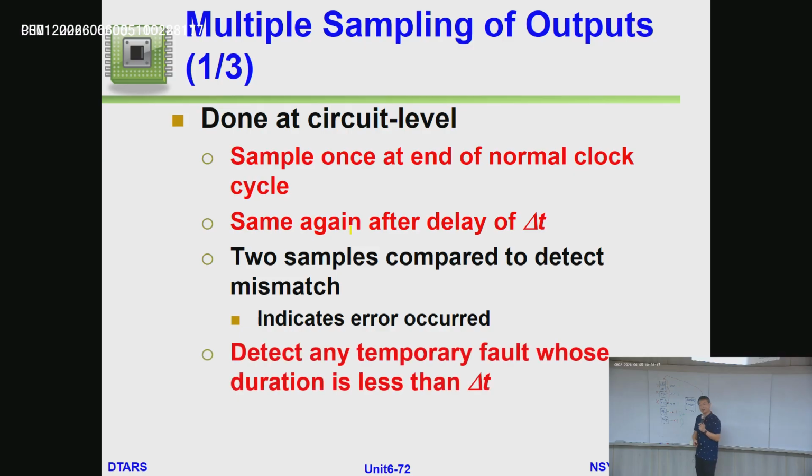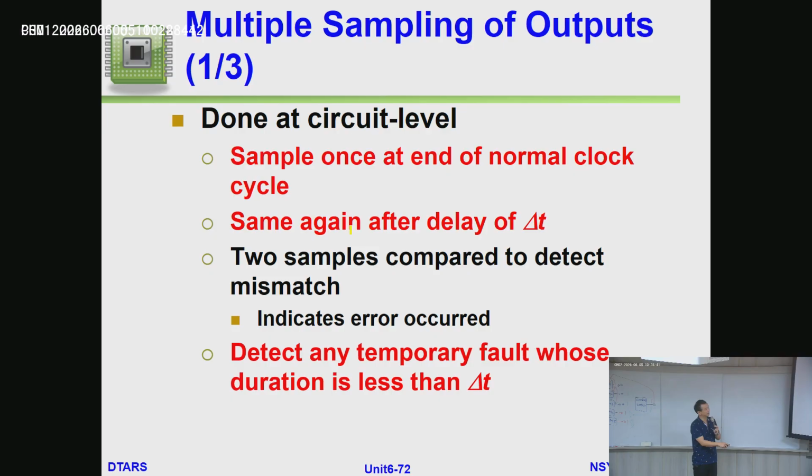Here, one key point is that the value of your delta t determines what kind of faults you can detect. For this method, we can detect any temporary fault whose duration is less than delta t. Which means that in a normal clock cycle, you have some results.